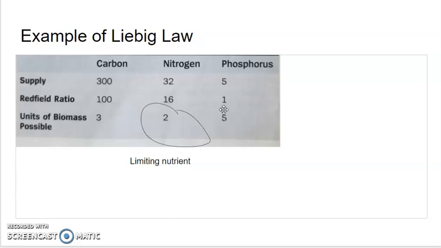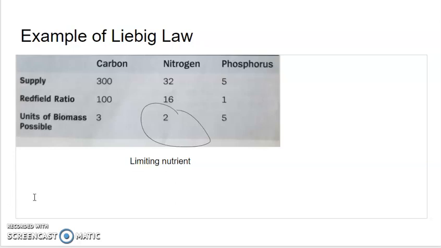But here the limiting factor is the smallest one. So it has available phosphorus to make 5 times what it needs, but since nitrogen is 2, nitrogen is the smallest one, it limits our plant growth. And that is called Liebig's law of minimum. These calculations are important.